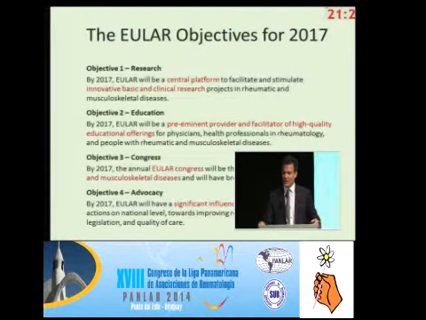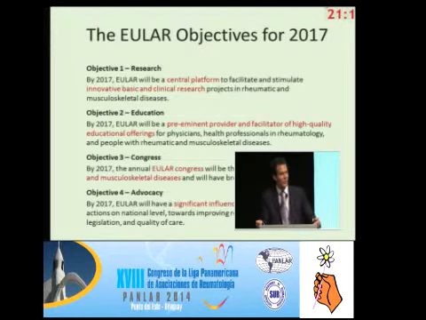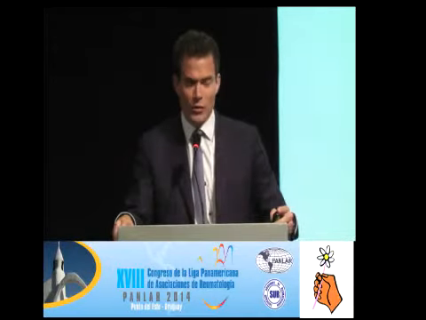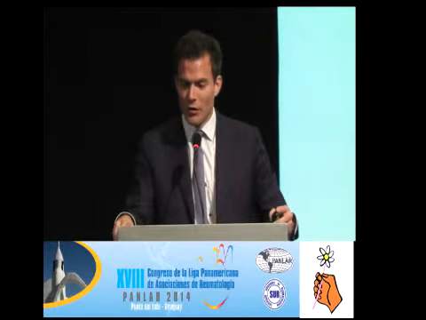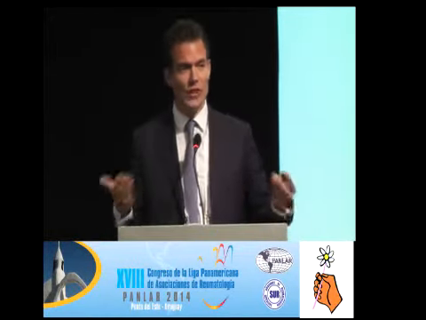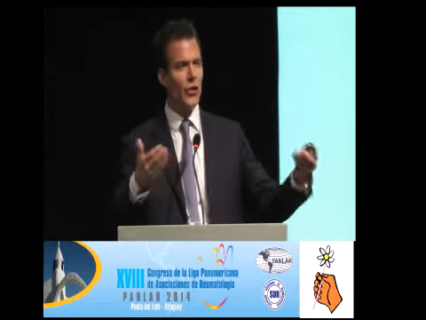Eular is also dedicated to increase the visibility of rheumatic diseases on the political landscape, and there have been great successes in the past to put rheumatic diseases, at least on the European level, somewhere on the same level where cardiovascular diseases and malignancies are. And I think that's very important, because our presentation, standards of care, relate to all these issues about defining criteria and developing recommendations, and I will go into this.